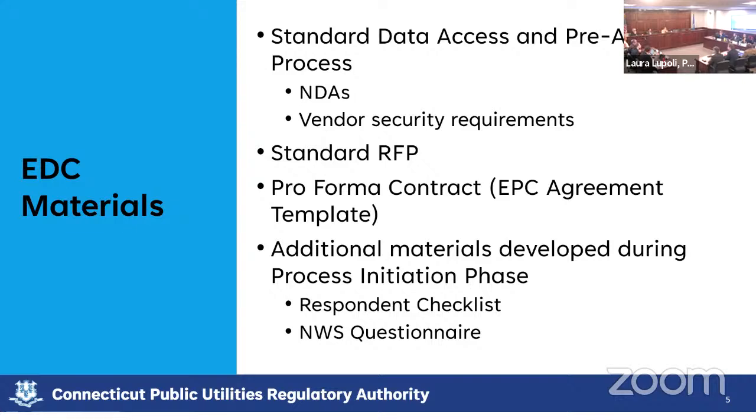And then the last item, the NWS questionnaire, is a very comprehensive document that outlines all the different specs on each type of technology that we can receive through the NWS bidding process. That is to help mitigate any back and forth with the developer and help expedite the review process.